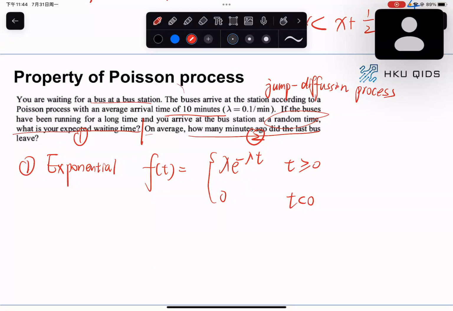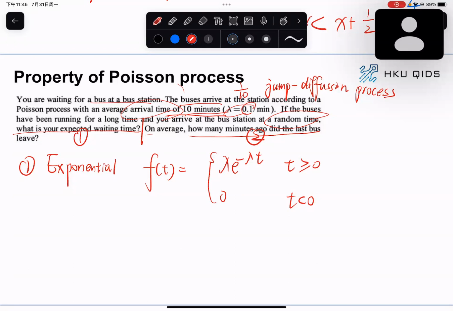So you have something which is going to follow a Poisson process, where the bus arrives with an average arrival time of 10 minutes. Then this lambda is going to be 1/10, which is 0.1.